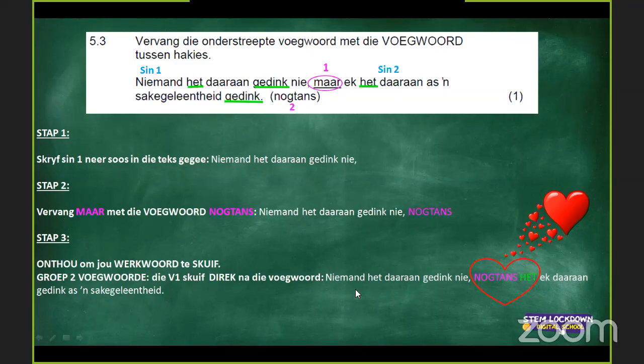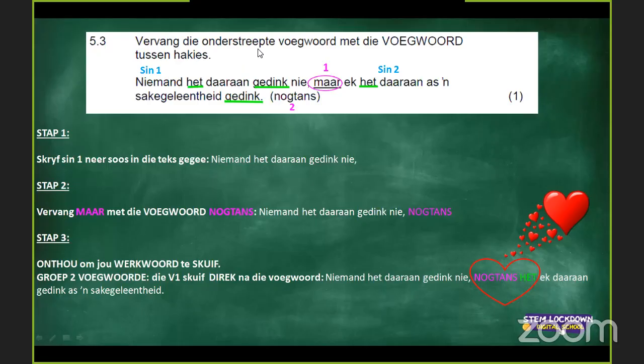Goed, so niemand het daaraan gedink nie, nogtans het, so I've now moved my verb right next to my conjunction. They want to be as close to each other as possible. And then whatever is left in my sentence, I write down. I do not change the word order thereafter. But het ek daaraan gedink as 'n sakegeleentheid.